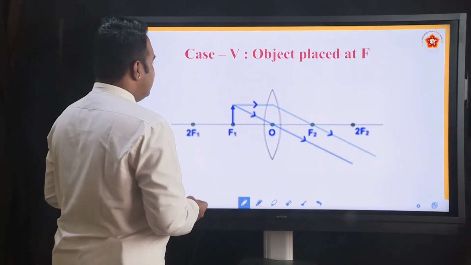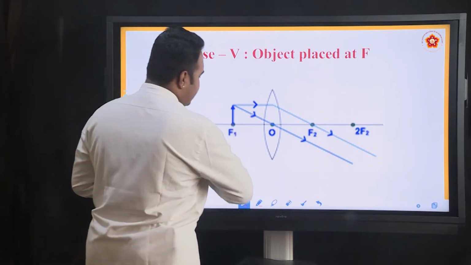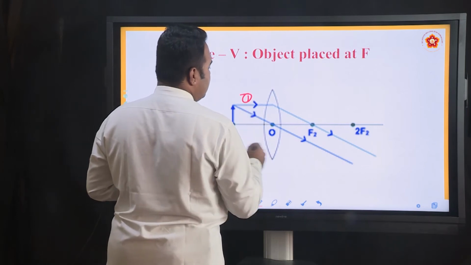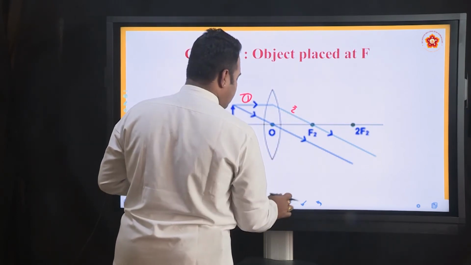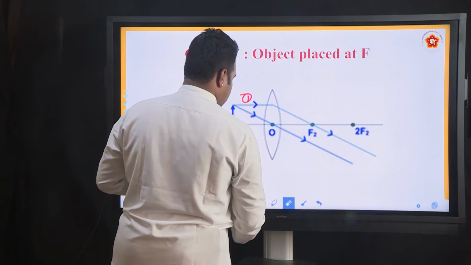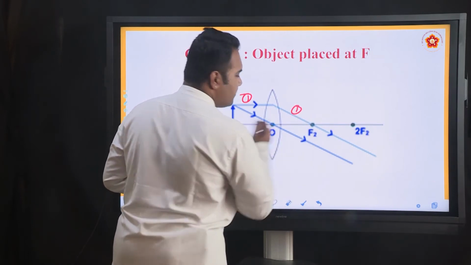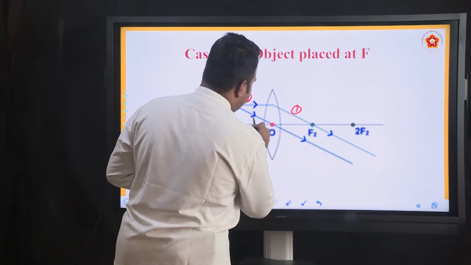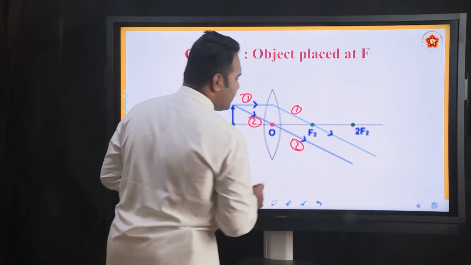Case 5. Now we know the object is placed at f1. First ray of light, which is parallel to the principal axis, passes through the focus. Another ray of light which is passing through the optical center goes undeviated. So this is my second ray.